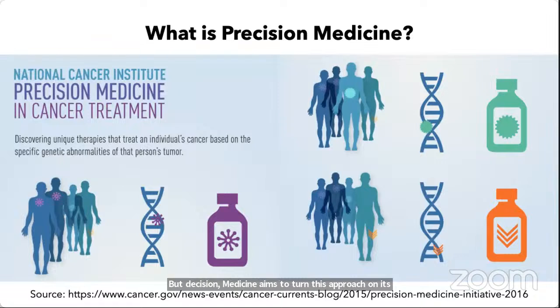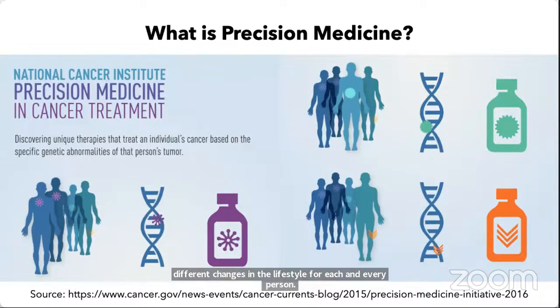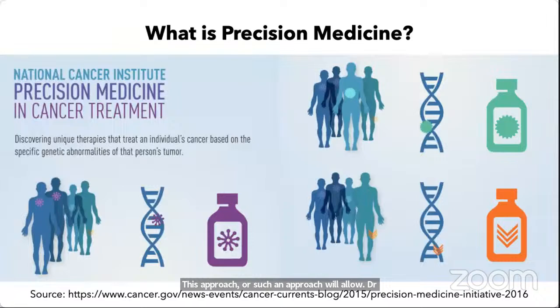Precision medicine is an emerging approach for disease treatment and prevention that takes into account individual variability in genes, in environment, and in lifestyle for each and every person. Such an approach will allow doctors and researchers to predict more accurately which treatment and prevention strategies will work for a particular disease, and in which groups of people it is expected to work better.